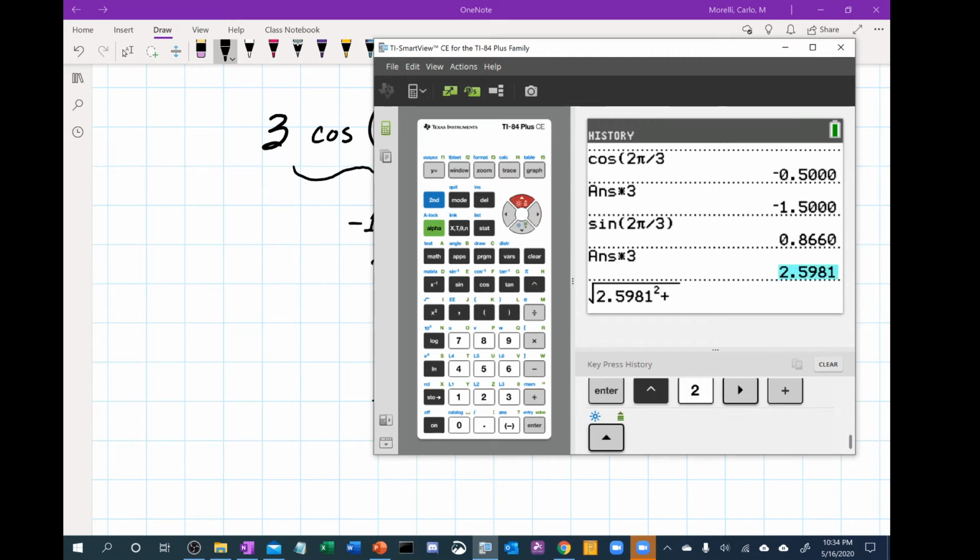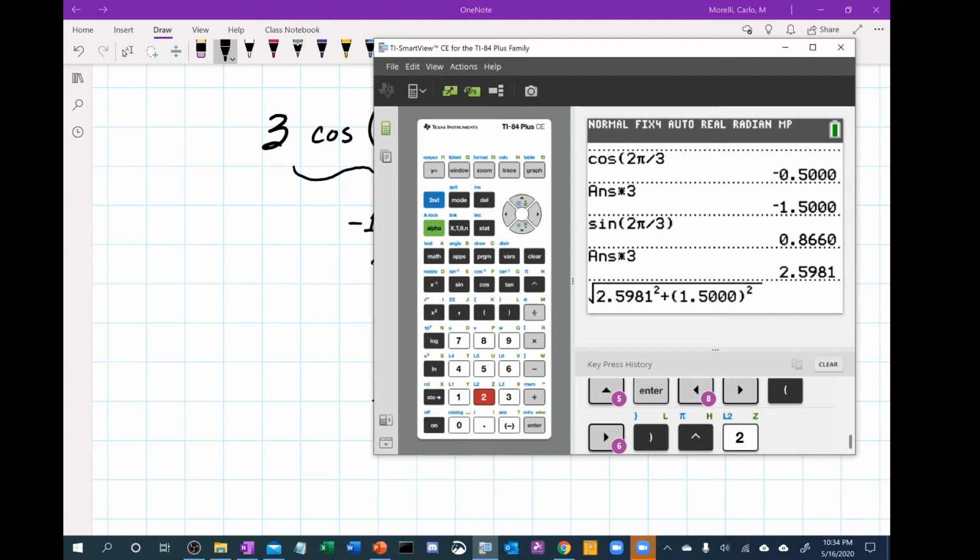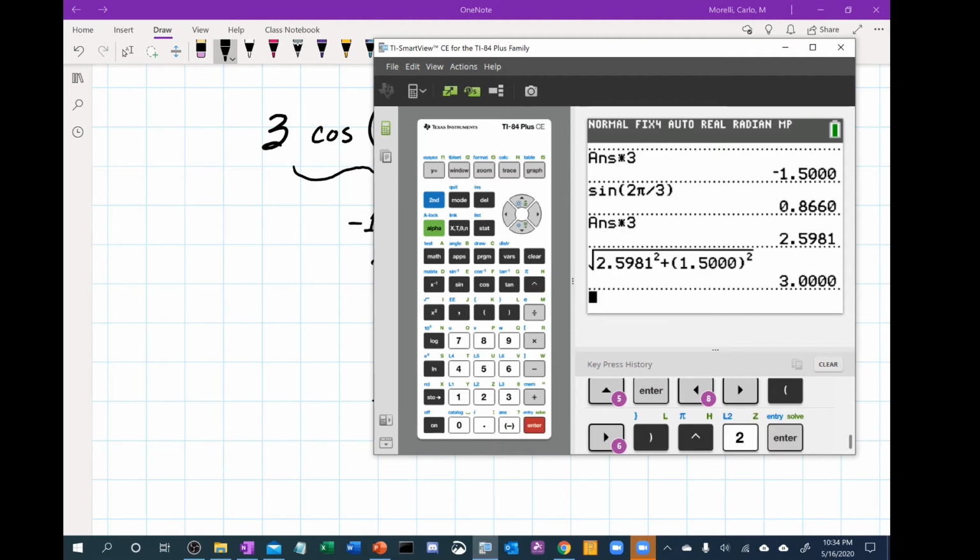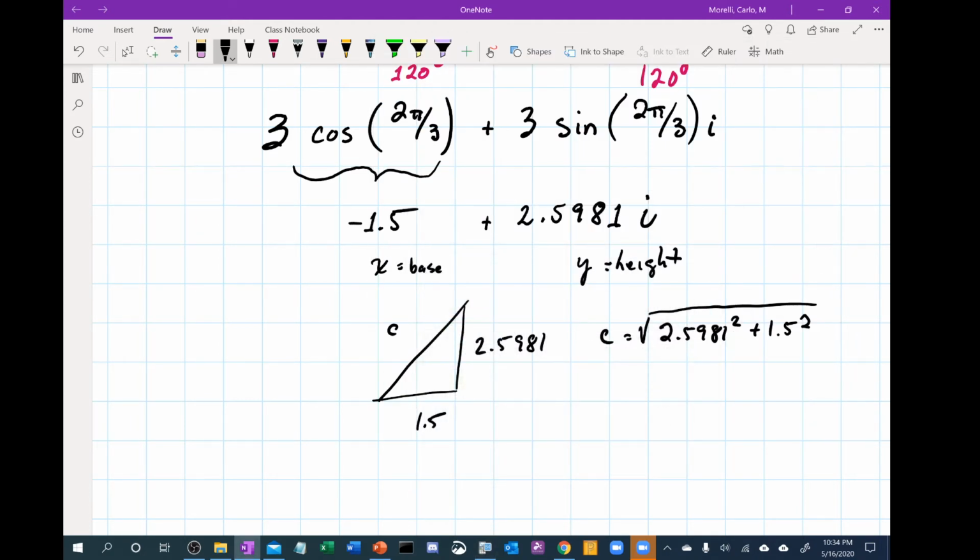plus that squared. It won't matter. Well, actually it could matter. So I want to put this in parentheses and we don't need the negative. It doesn't make any difference. And then we'll put the squared here. So that's 3. Okay, good. So this works. So this means the magnitude of the vector was correct.